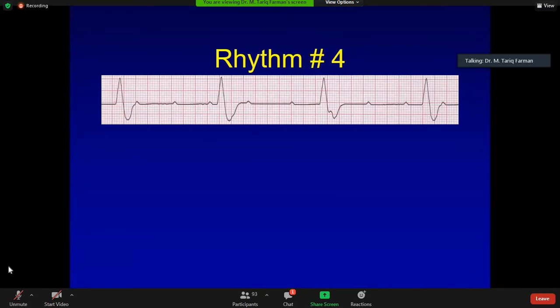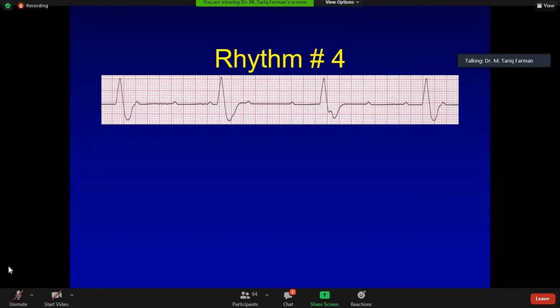There is no association between the P wave and the QRS complex. Normally, each P wave has to conduct into the ventricle, and the rate of the P wave and the QRS complex should be equal, right? Should be equal normally. And if there is a difference between the rate of the P wave and the QRS complex, it means there's no association between the P wave and the QRS complex.